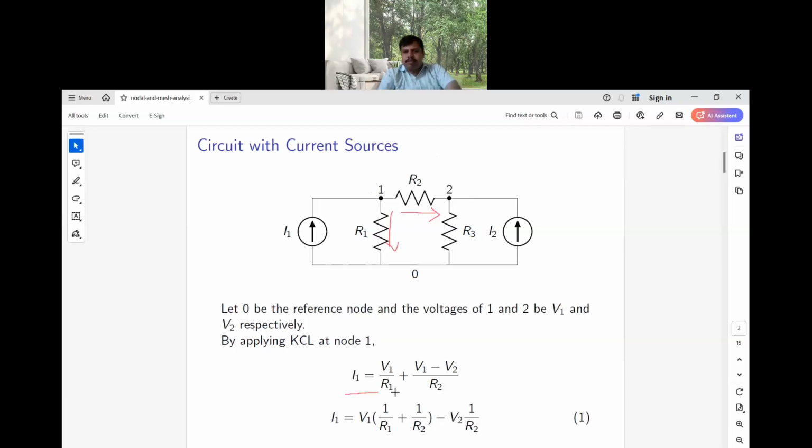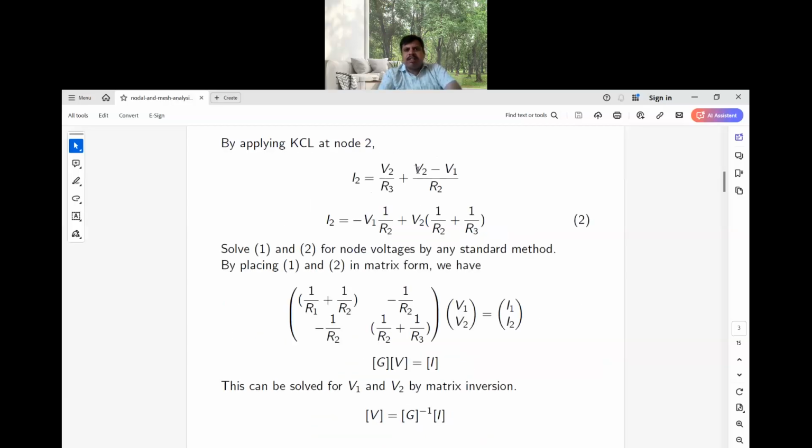In this manner we get the first equation. If you group the V1 terms and V2 terms, we get the first equation. Clear?